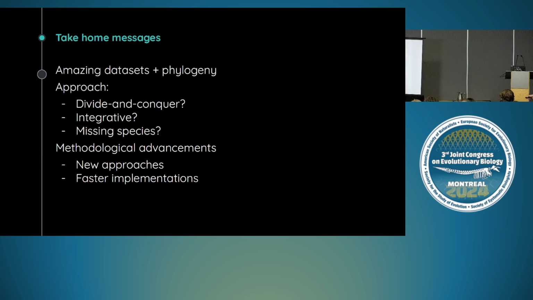So the take-home messages: I hope I have convinced you that we have an amazing data set and amazing phylogeny. I'm still thinking about the approach, so I would like to talk to whoever is interested in that, discussing different approaches, such as divide and conquer, or a more integrative one, and how to deal with the missing species.